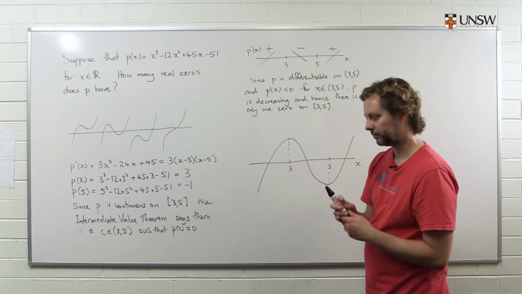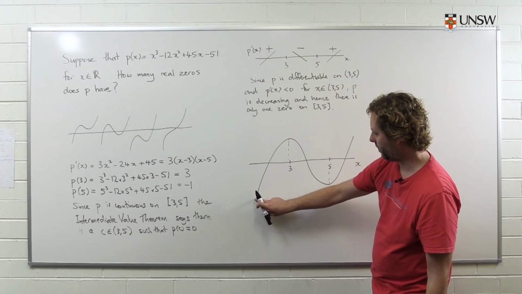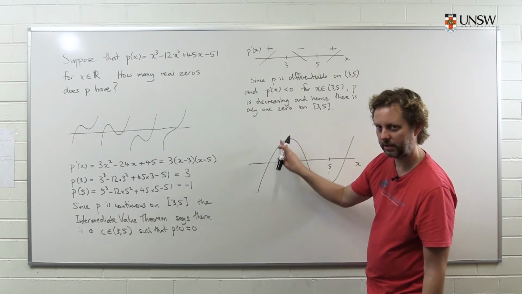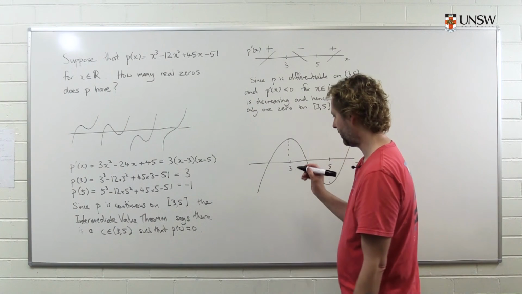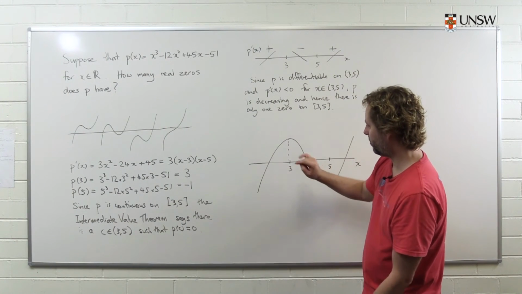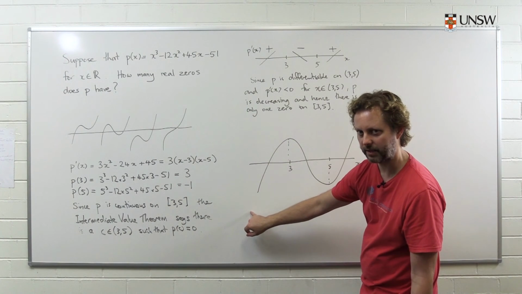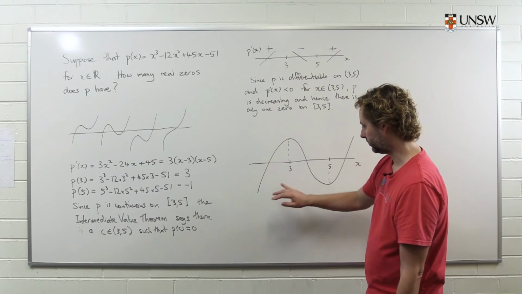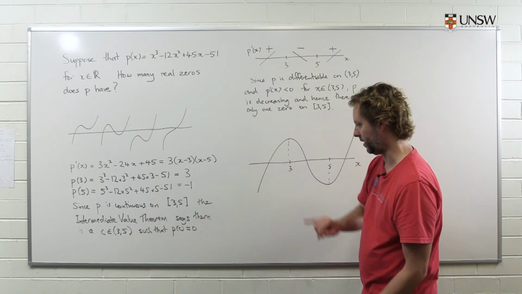How could you check that? Well, over here, the function is increasing, and over here it's increasing. So if there is a 0, there could only be one. And, well, is there a 0? Well, the function value here is positive. Somewhere down here the function value is negative. And so the intermediate value theorem will tell you that there is exactly one 0.